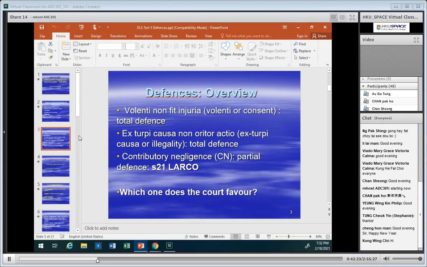But it is now only a partial defence because there is now legislation, and it's must-know legislation, and we will be looking closely at the wording of Section 21 of LACO later on tonight. So Section 21 of LACO, everybody, is must-know. Don't you forget Section 21 of LACO in the exam. And what some students do, and I always tear my hair out, oh no, don't you miss Section 21 of LACO.